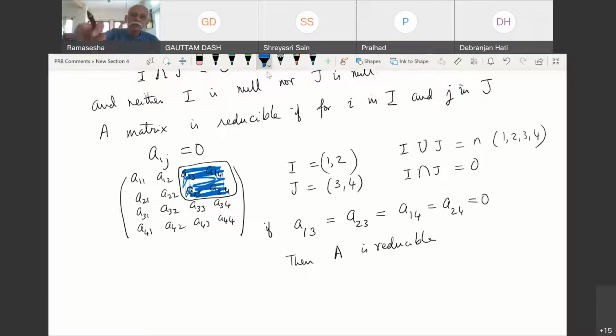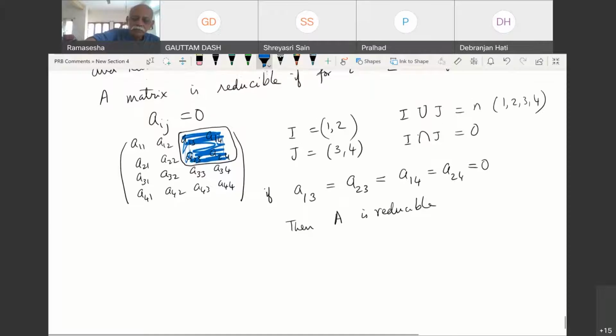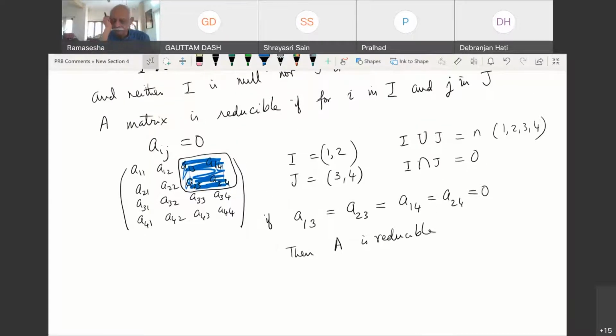Sir, so reducible or non-reducible is with respect to the set of numbers I, J always. It is not the matrix itself. Let me put it this way: given a matrix, you look for a set I and J. If you find sets I and J such that Aij is equal to 0 for i in set I, j in set J, then the matrix is reducible.